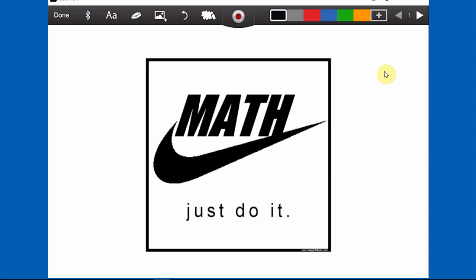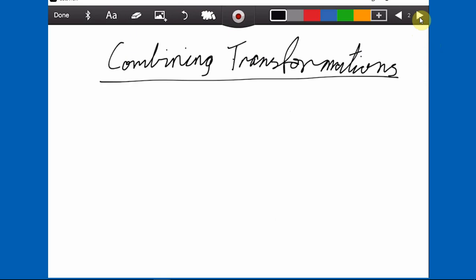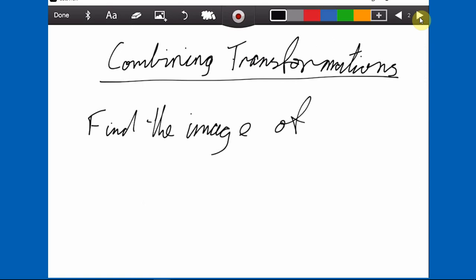All right, so today we are looking at combining transformations. What we've got here is an example. I'm going to find the image of y equals the square root of x.